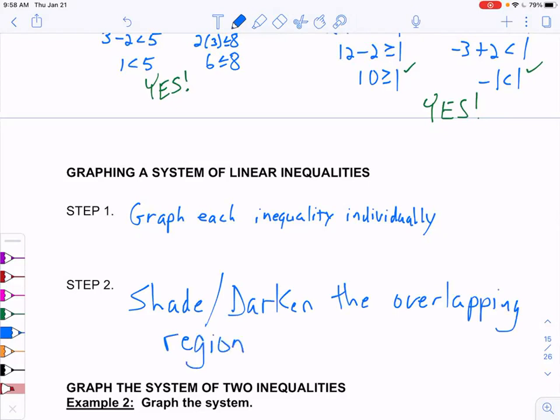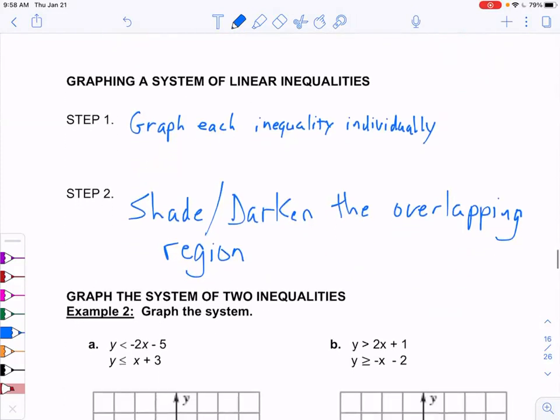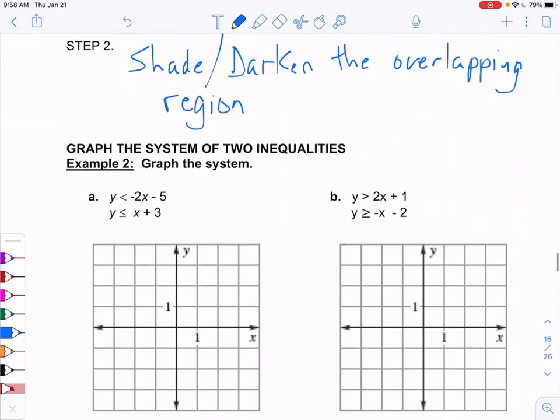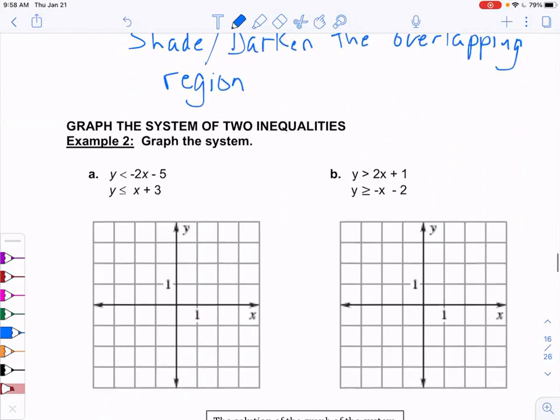This will make sense once we start, having the colored pencils, like using the iPad and having the colors helps. You have 2 different colored pencils so that you can graph and use different colors to see that overlapping area a little better.